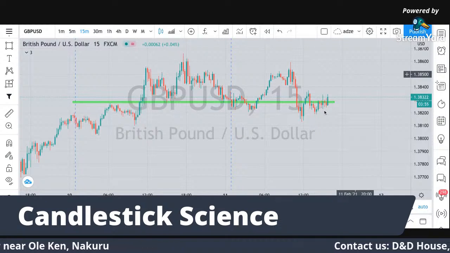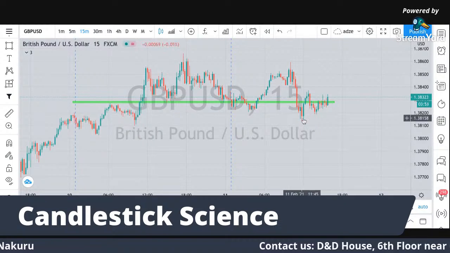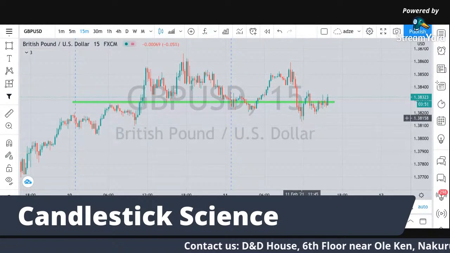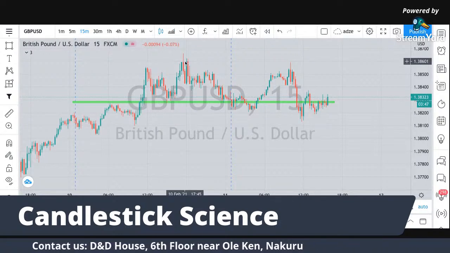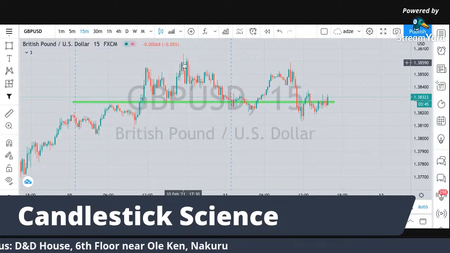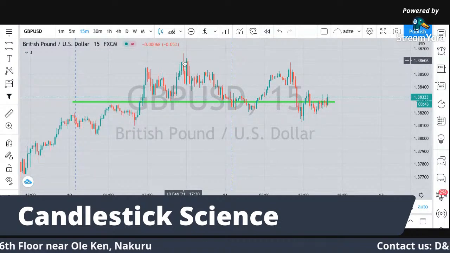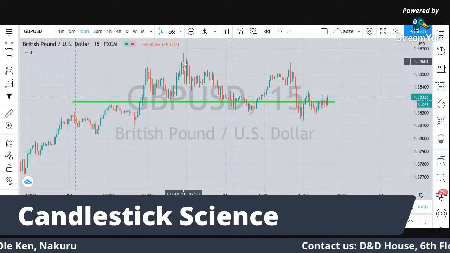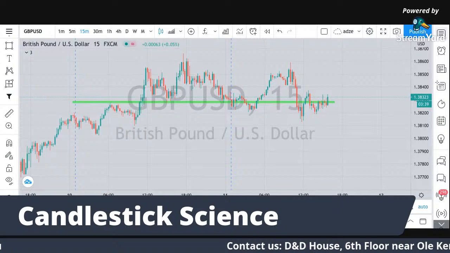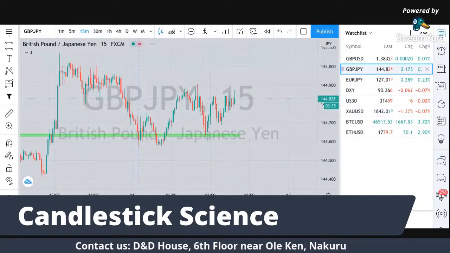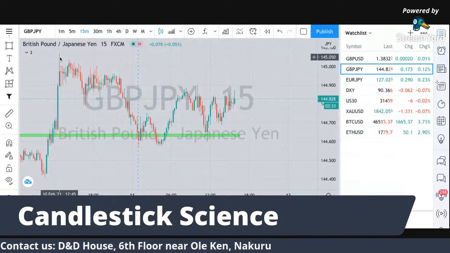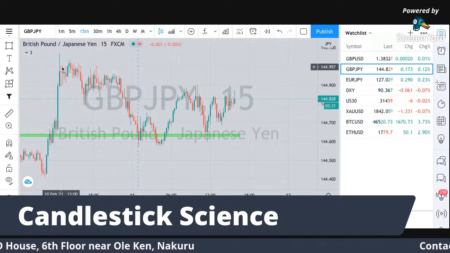That's why price was rejected at 1.3815, it is not, and then price was rejected here at 1.37. 1.386. And for GJ, it was rejected at the institutional level of 145. Exactly 145. Price was rejected.